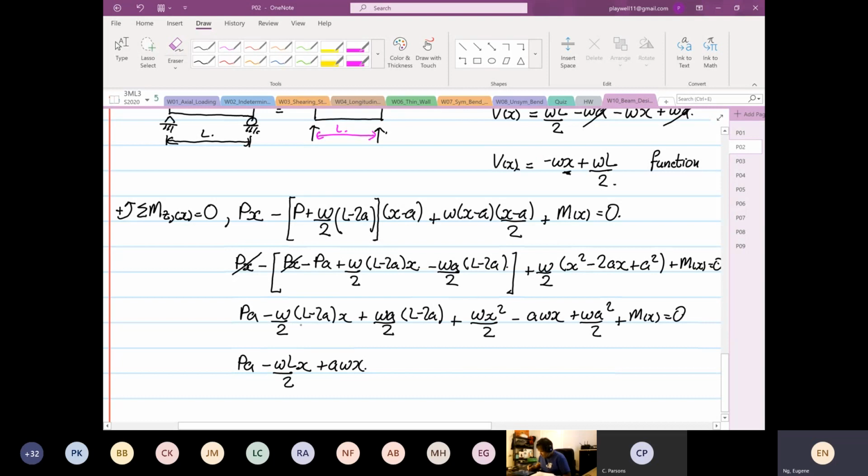Pa, plus omega aL over 2, minus omega a squared, plus omega x squared over 2, plus a omega x, so minus. So the moral of the story is the day before the exam, make sure you sleep well.